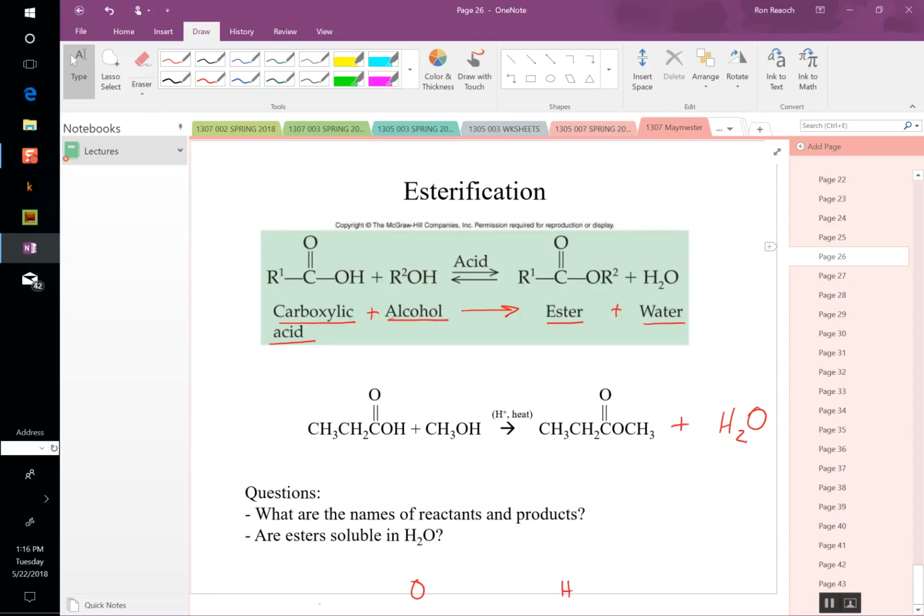It's not a hydrogen reacting with a hydrogen, it's an OH reacting with a hydrogen to make the water. So here is your isopropyl acetate. It's attached to the middle carbon. Isopropyl acetate plus your water.